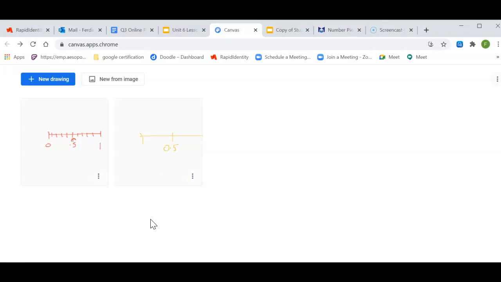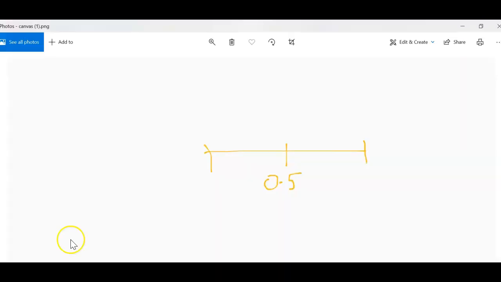When you click save, it shows up right here. Now I'll be able to add this to my slides. Over here on the top right hand corner, I click these little dots and click copy. So I've copied my drawing.